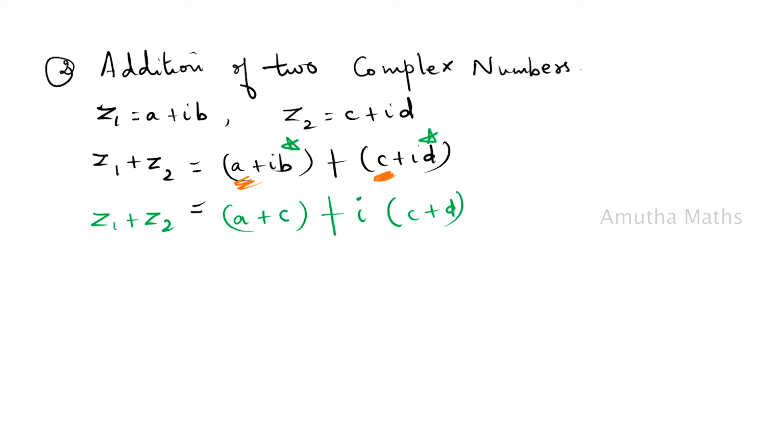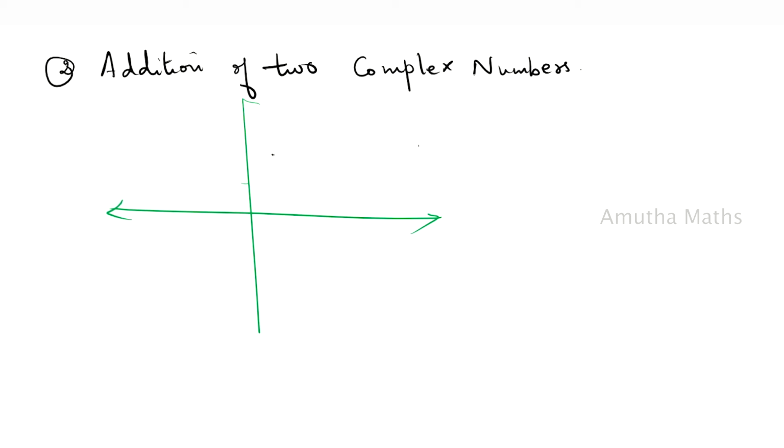Now we shall see the diagram. We have already studied that if OZ1 is one vector and OZ2 is another vector, then the resultant of these two vectors will be Z1 plus Z2.